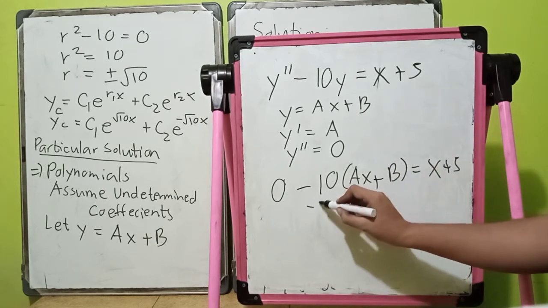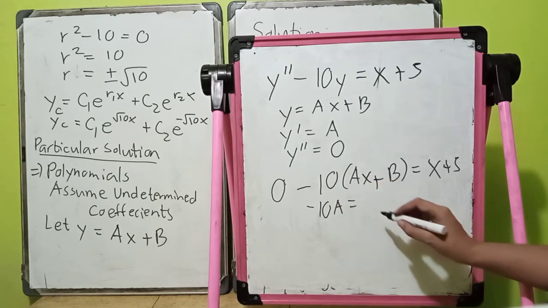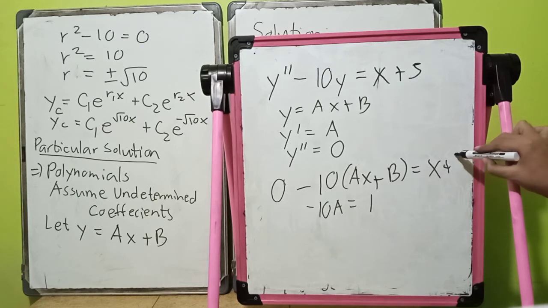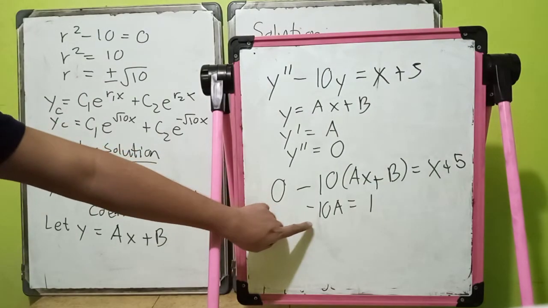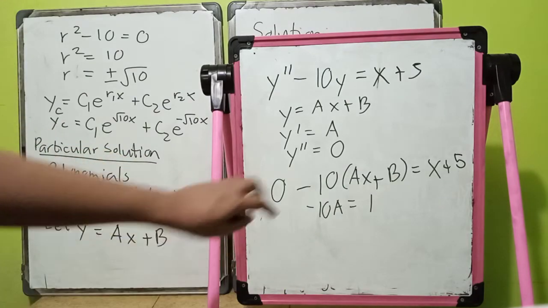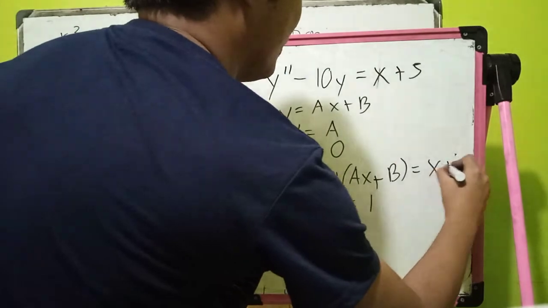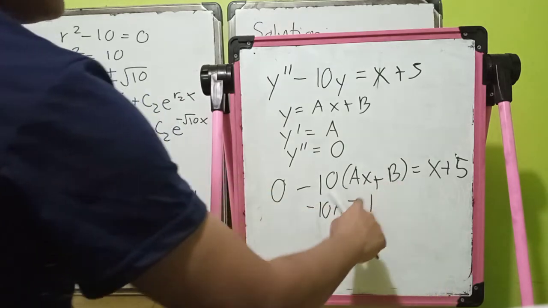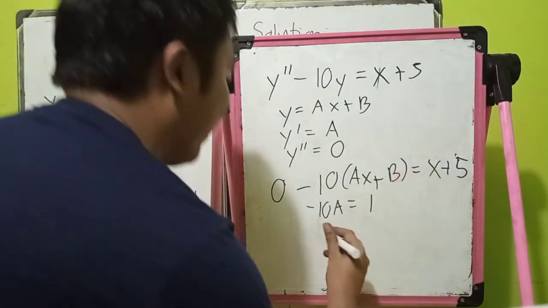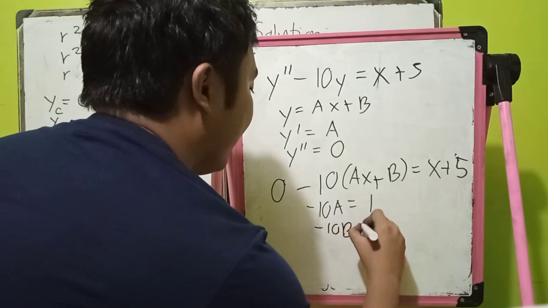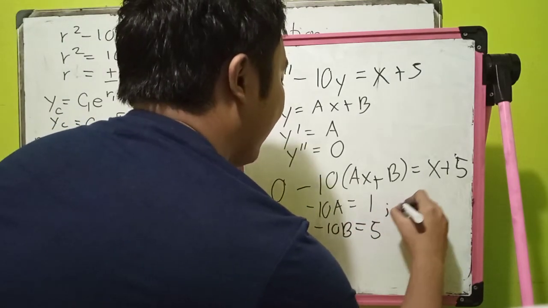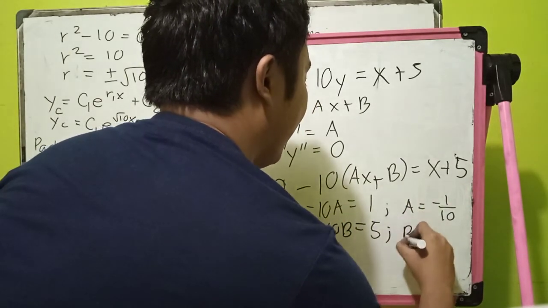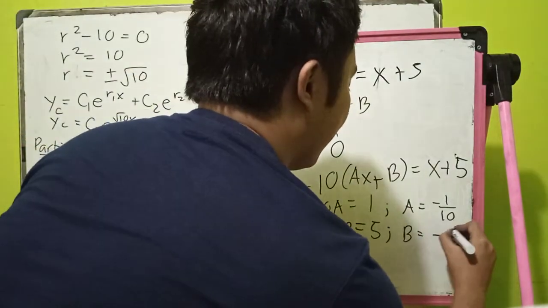Okay, so we determine that negative 10a here is 1, because the coefficient of x, negative 10a, is 1. And then the coefficient of constants here, negative 10b, is equal to 5. So, therefore, we get a is negative 1/10 and b is 5 divided by negative 10, which is negative 1/2.